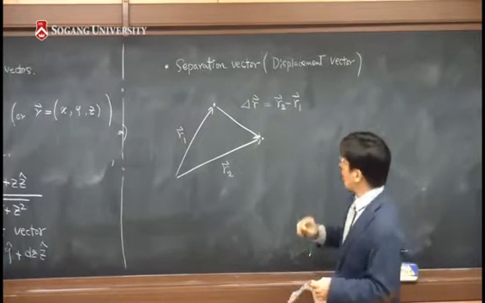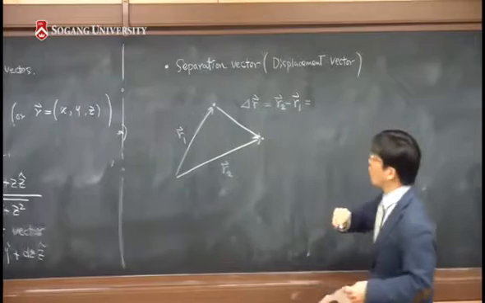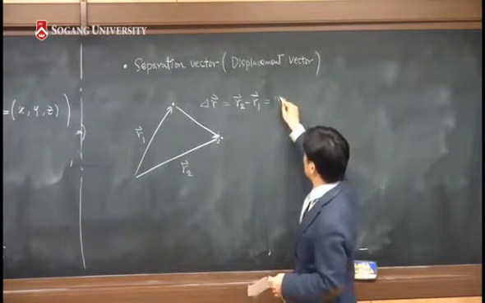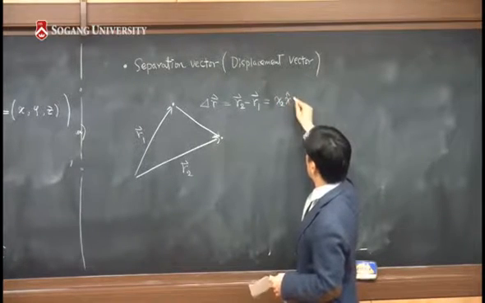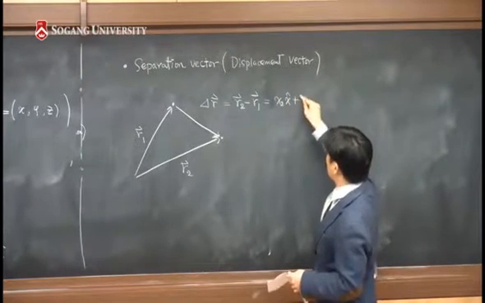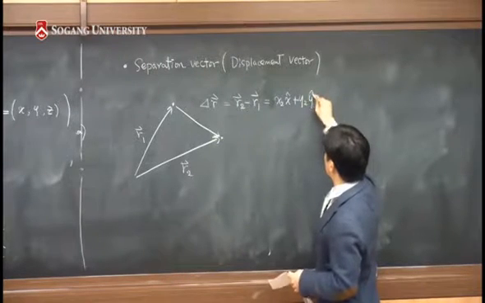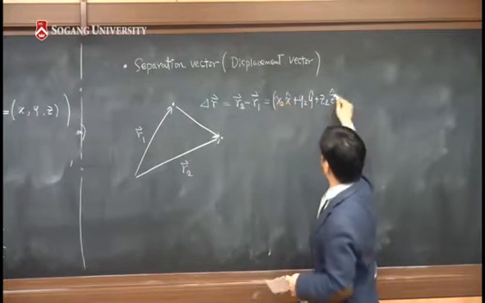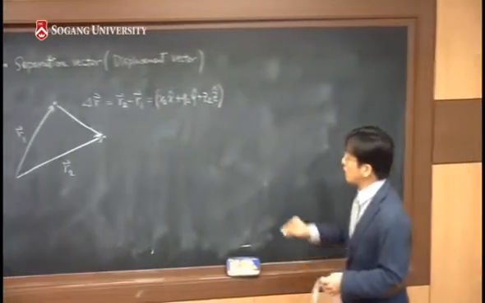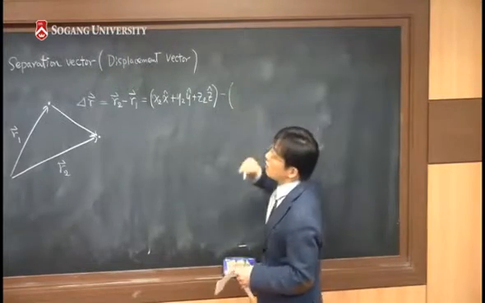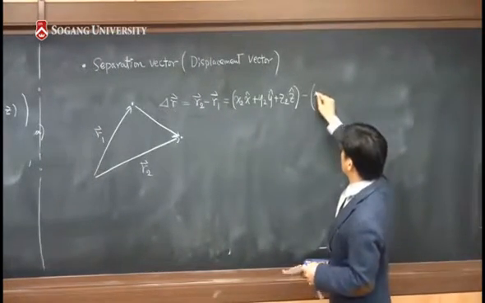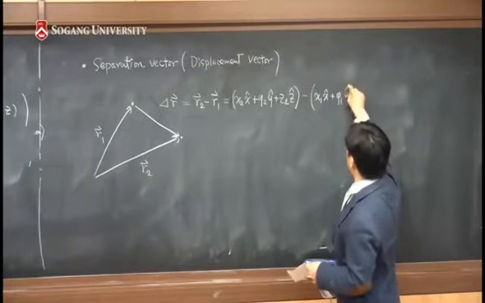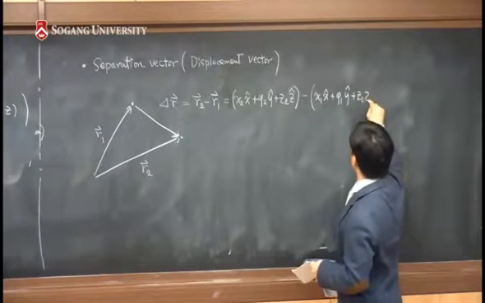If you write this in component form, since the position vector is usually written as, let's say, x2 in the x direction, y2 in the y direction, and z2 in the z direction, so this is the second vector, and then the first position vector is written x1 in the x direction, y1 in the y direction, and z1 in the z direction.